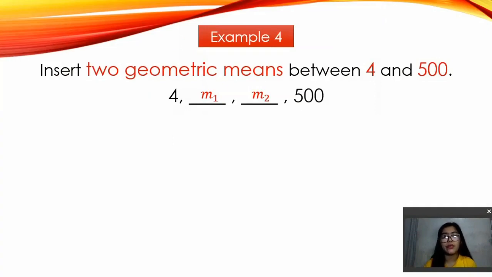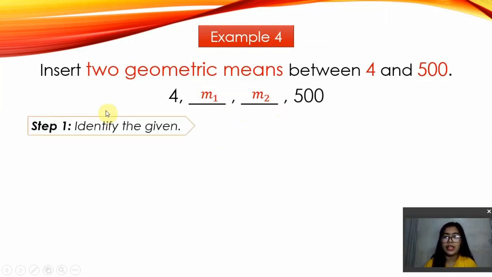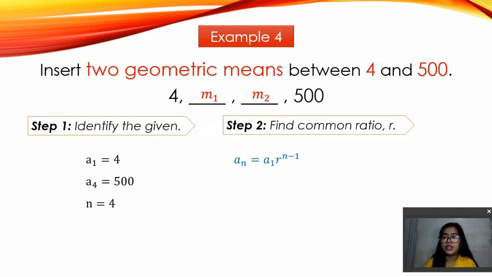So our fourth example is to insert two geometric means between 4 and 500. That is m sub 1 and then m sub 2. Okay? So let's proceed to first step, identifying the given. So our given here are 4, which is the first term, and then 500, which is the fourth term, and then the number of terms, 4. Okay? So let us now solve for the ratio by using this equation.